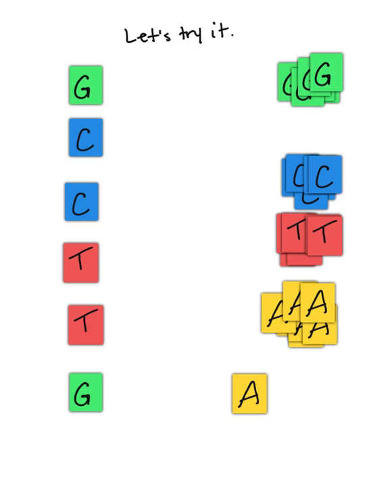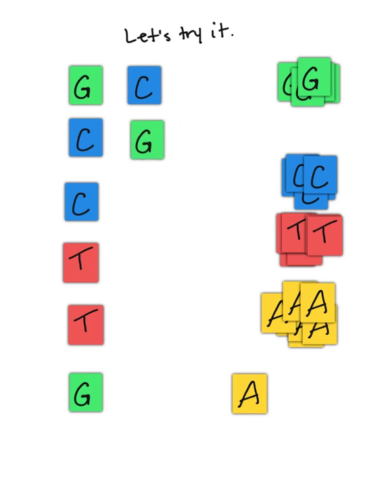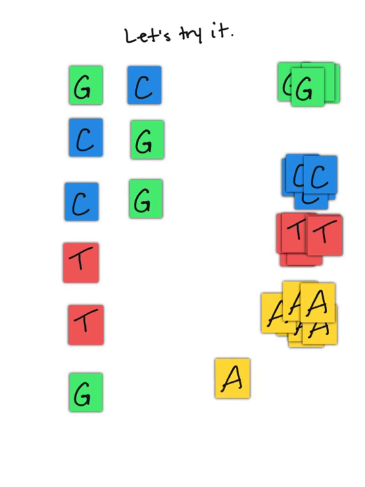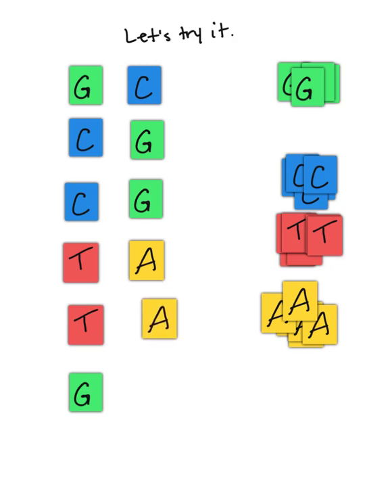Okay, so you can bond these on the sides only. So if G and C go together, I'm going to take a C from here and put it with G. Then I'm going to take a G and bond it with my C. And another G and bond it with C. And I'll take this floating A and this floating A. And then the last one I need is a C. Now in here, there are bonds.